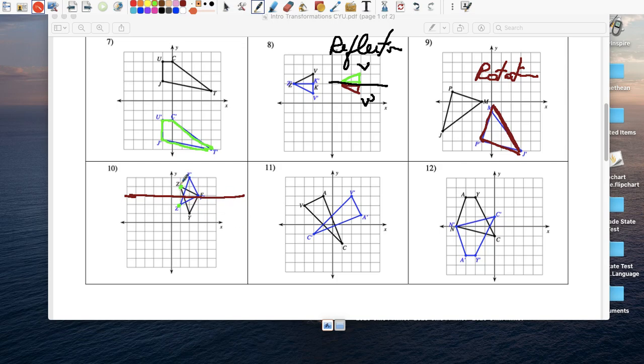They're both equally distanced from the mirror. Look at point Y. He is 2 units away from the mirror. His image on the other side of the mirror is also 2 units away. And point F, they're both on top of the mirror, so it's just right there. So this is a reflection.